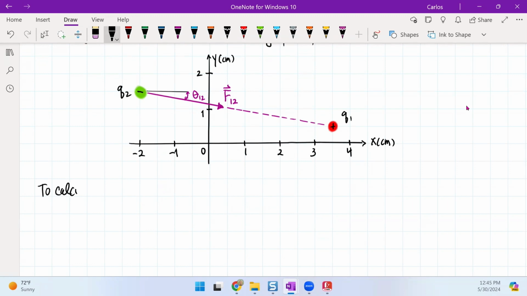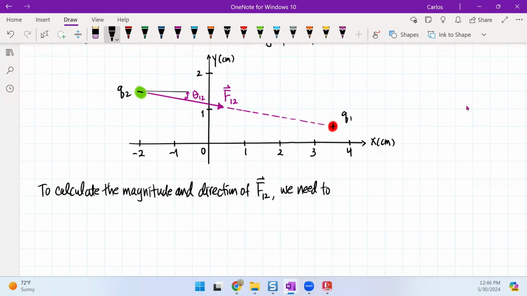To calculate the magnitude and direction of F12, we need to calculate the displacement R12 first.